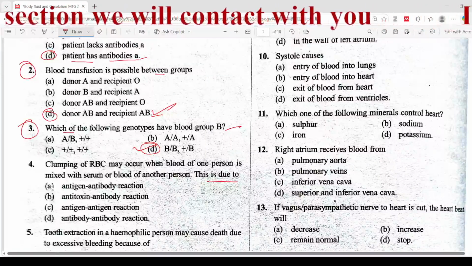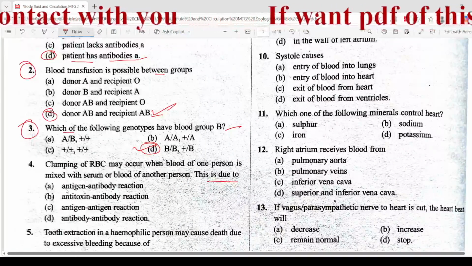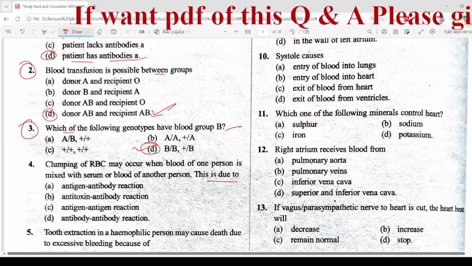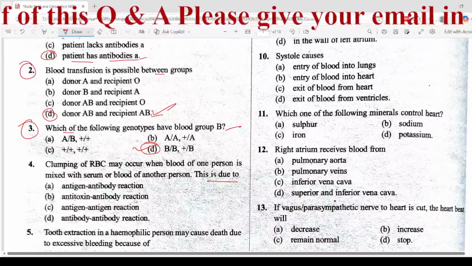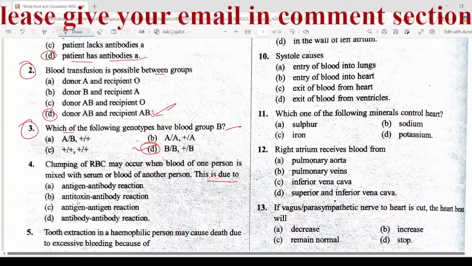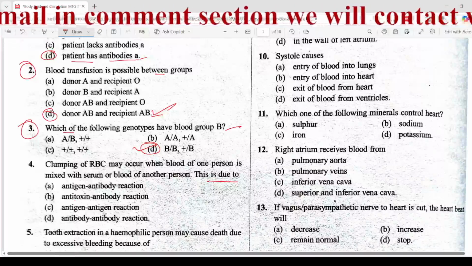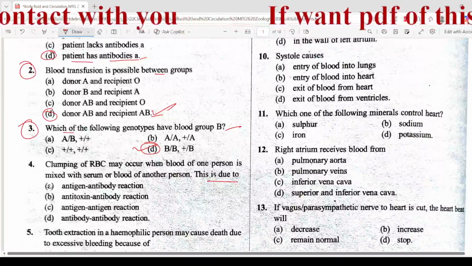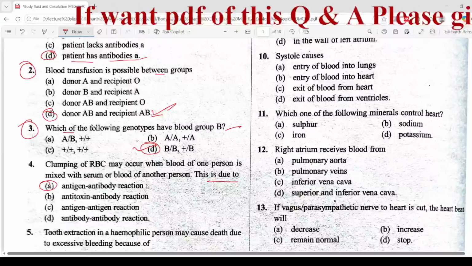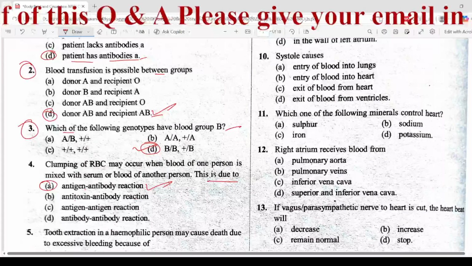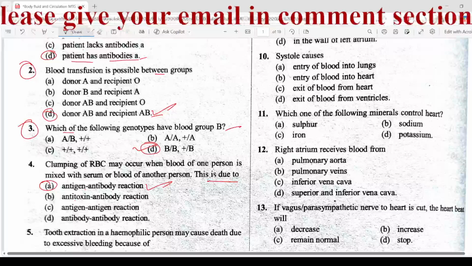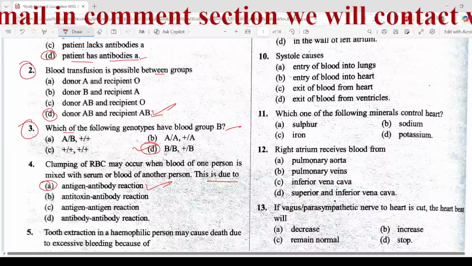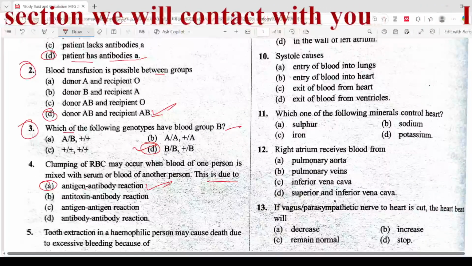The options are antigen antibody reaction, antitoxin and antibody reaction, antigen and antigen reaction, and antibody reaction. So the correct answer will be option A. The antigen antibody reaction will be the correct answer for this question. So let's move to the next question.